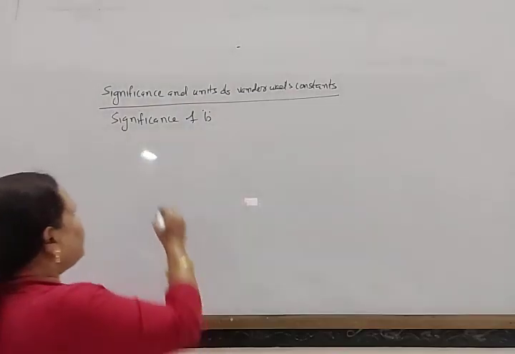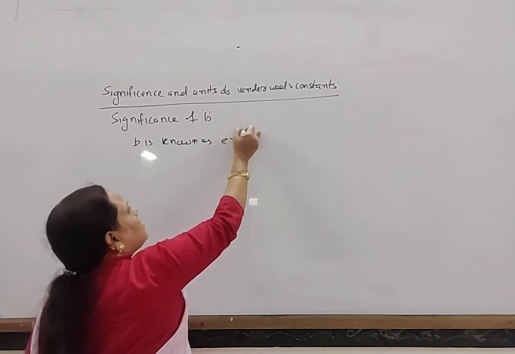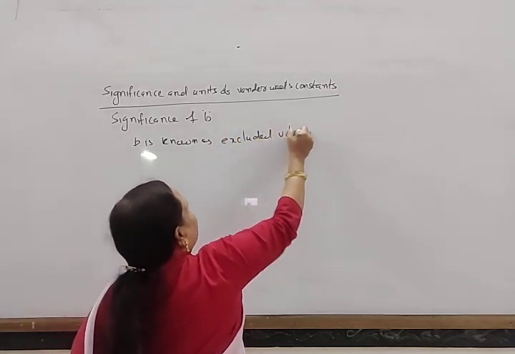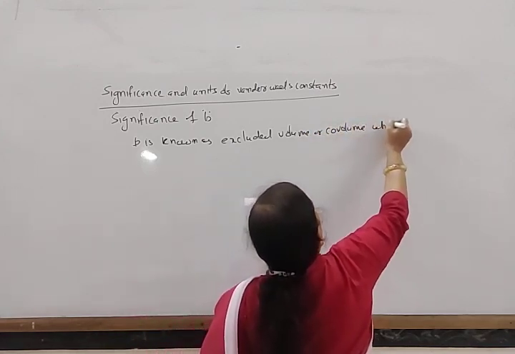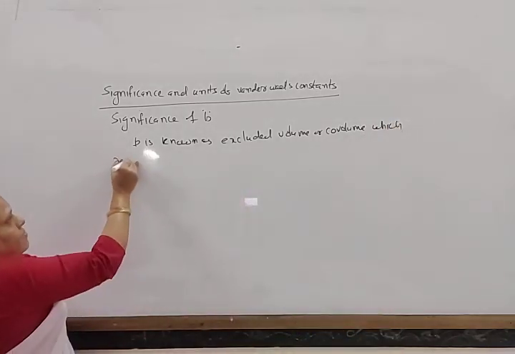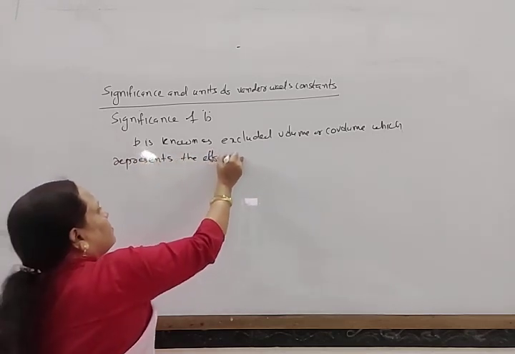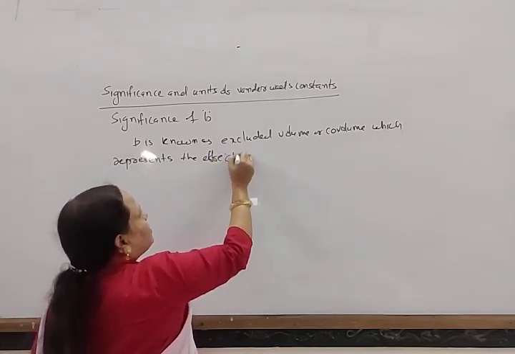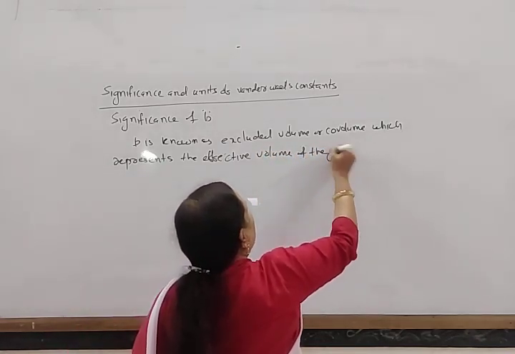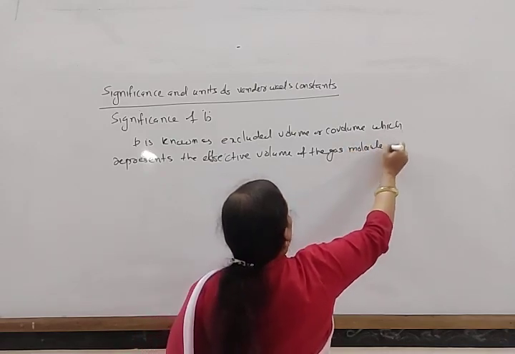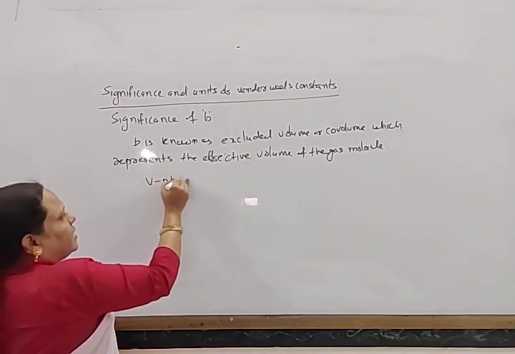So b is known as excluded volume or co-volume, which represents the effective volume of the gas molecule. And as V is given, V minus nb is there.